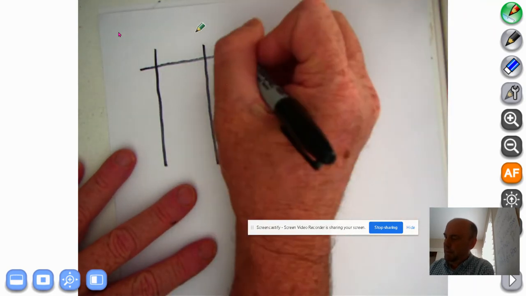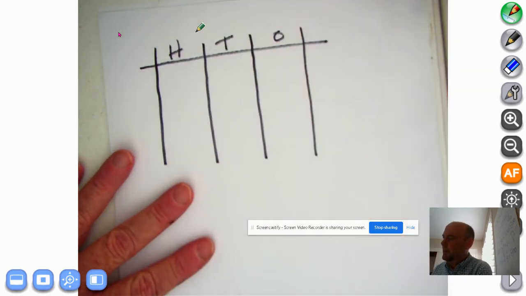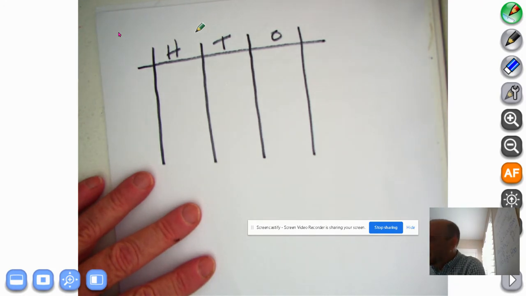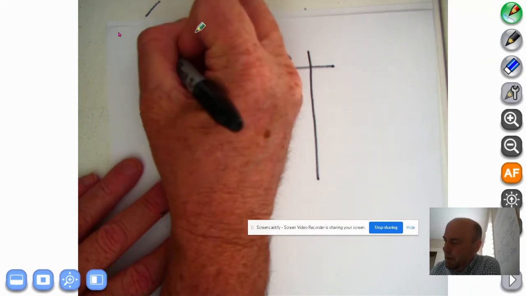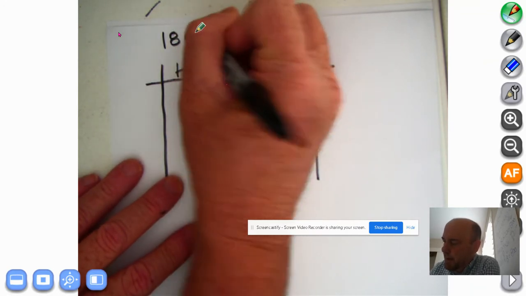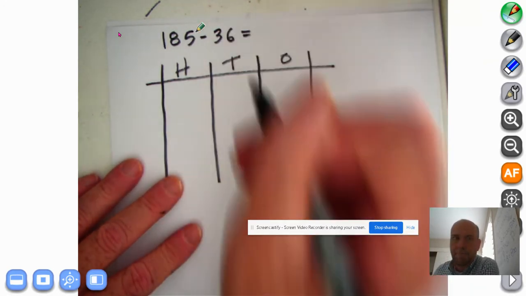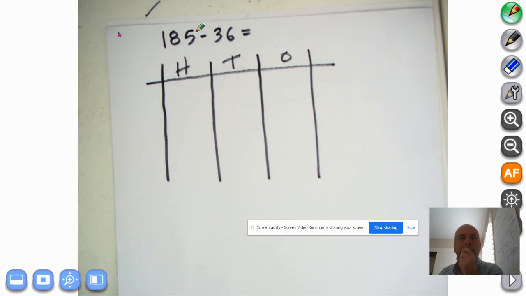So ones, tens, hundreds. And the problem we're doing is 185 minus 36. So I'm going to write that up here. 185 minus 36. All right. I'll give you a chance to catch up.